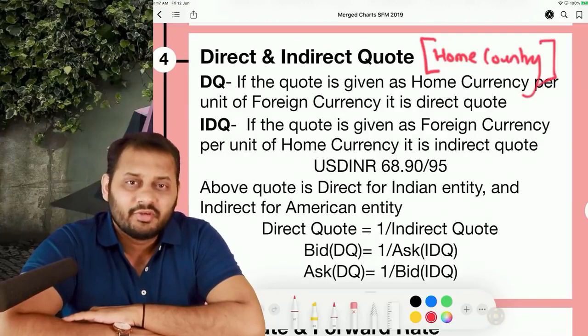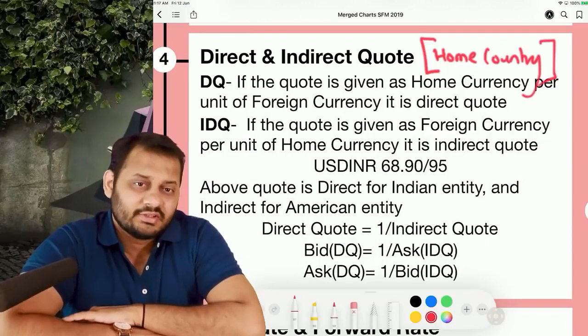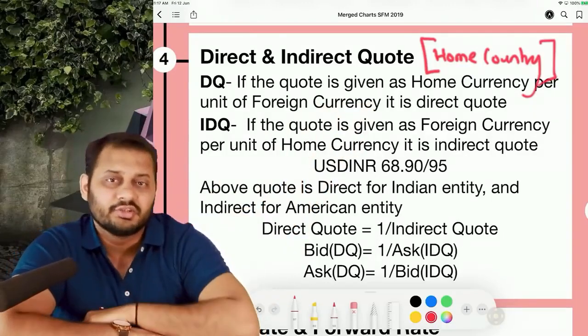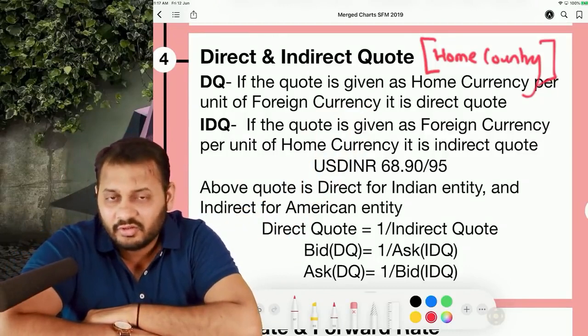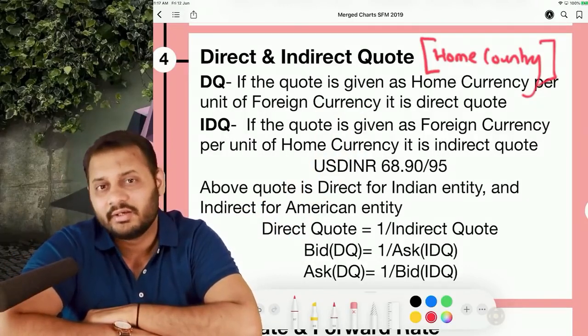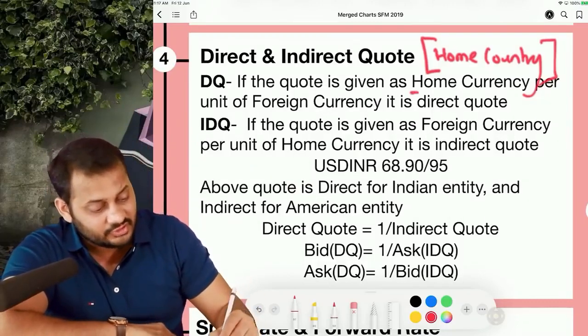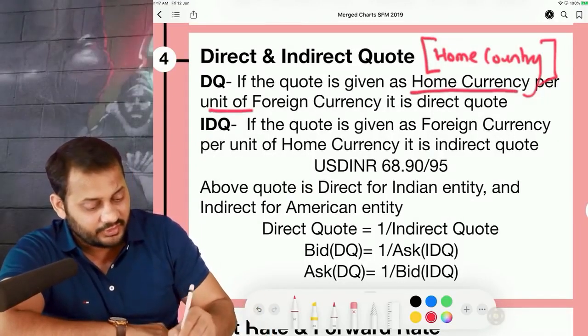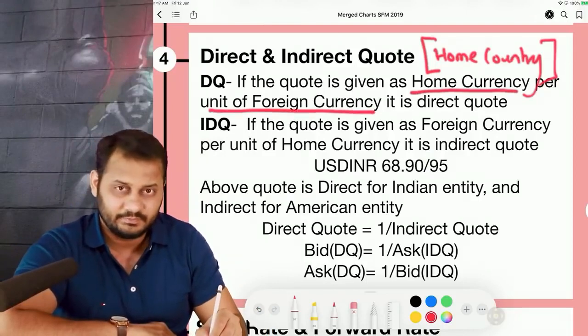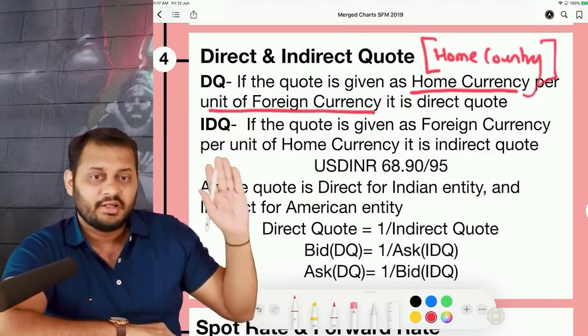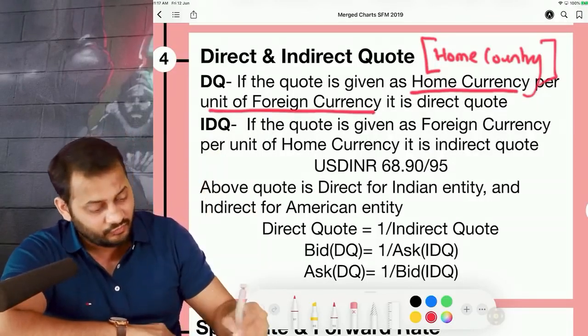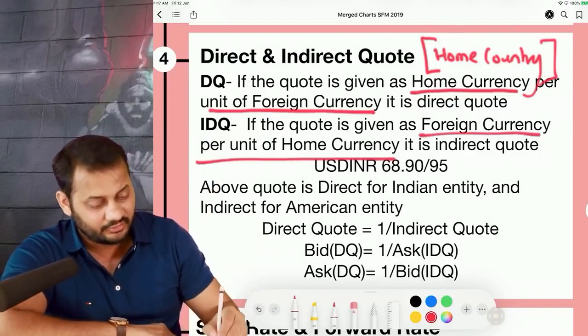If we do not have this data given in the question, it will be very difficult to find out which is the direct and which is the indirect quote. A direct quote is given as home currency per unit of foreign currency. An indirect quote is foreign currency per unit of home currency.